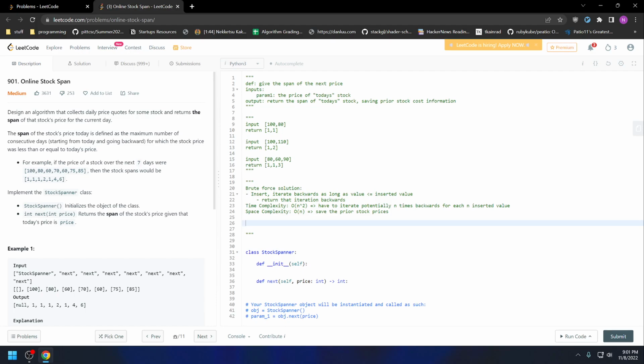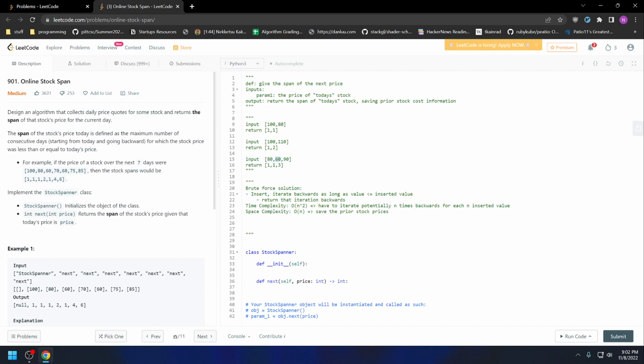Right now, we're doing a lot of unnecessary comparisons, and what I'm thinking is we could save ourselves the hassle and store maybe a range of some sort. For example, I inserted 80.